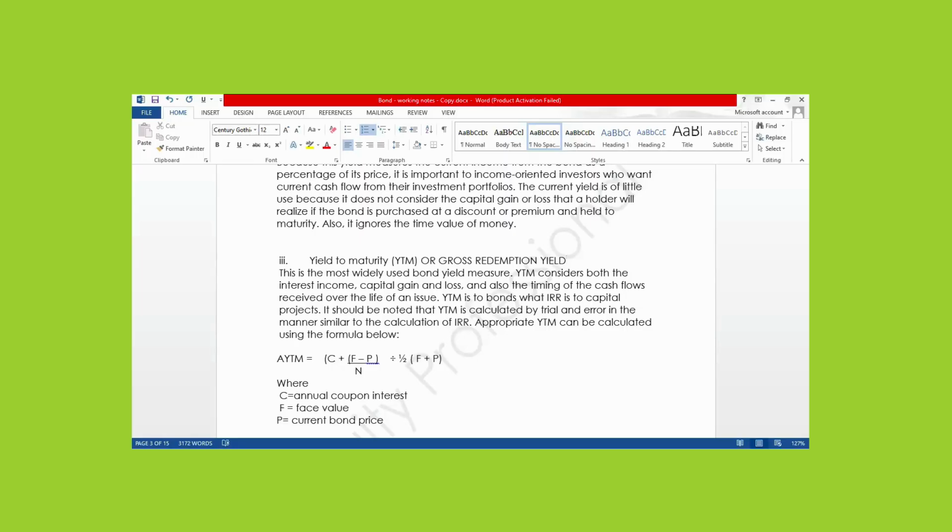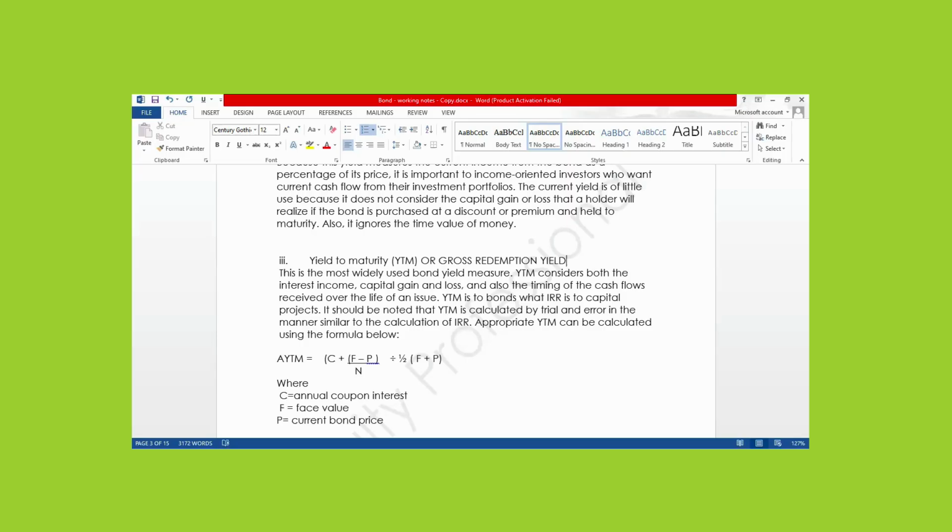The yield to maturity considers interest income, capital gain or loss, as well as the time value of cash flow. It considers the current interest income, the capital gain or loss, as well as the time value of money.